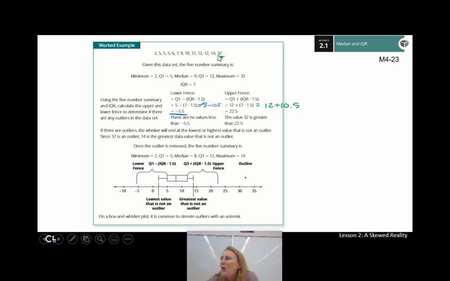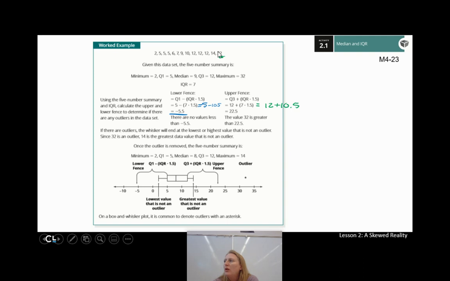All right, so I now know that 32 is an outlier. So that means my whiskers, we're going to shift things a little bit. My whisker will now end at the lowest or highest value that is not an outlier. So my whisker originally ended at 32. But now, since 32 is an outlier, we throw him out.